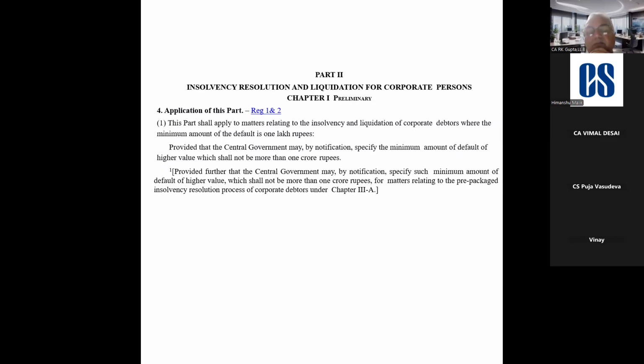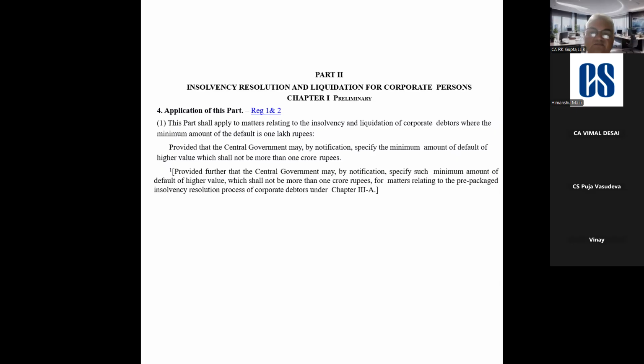But suppose there is a company in which the default amount is say 50 lakhs, but it is not a corporate MSME. Then what is the option available? It is not a corporate MSME, right?